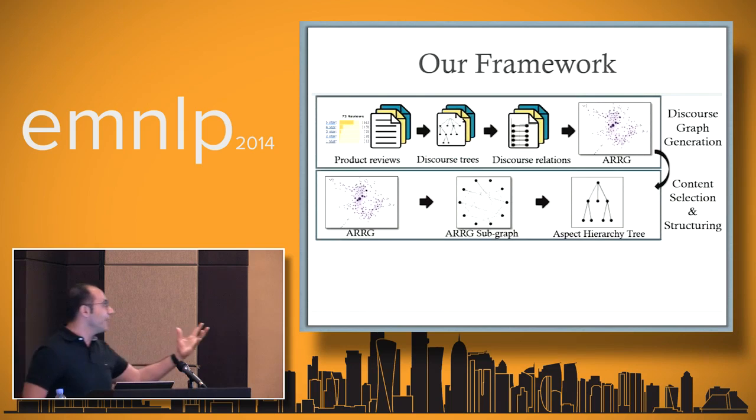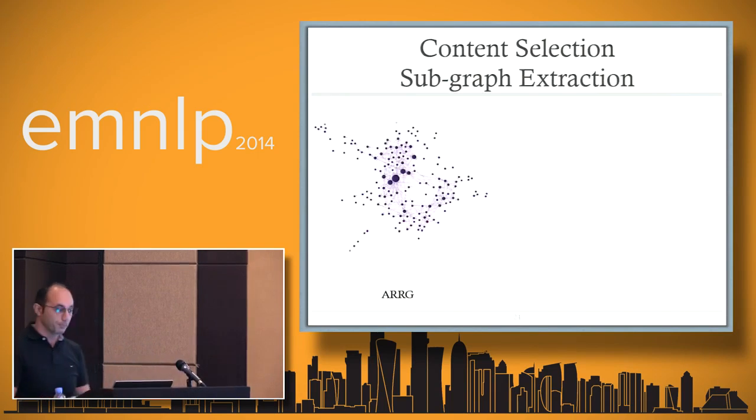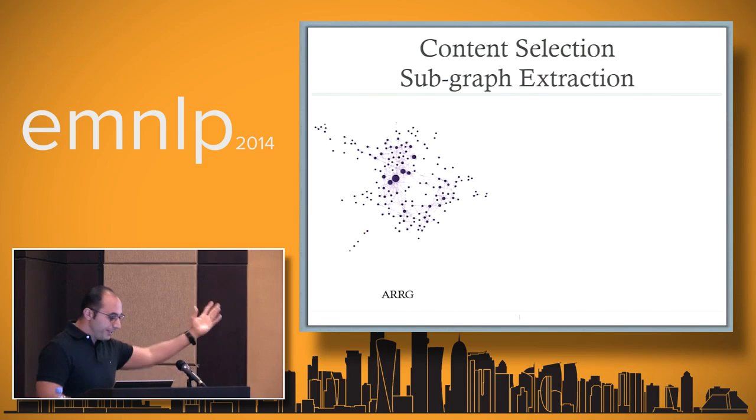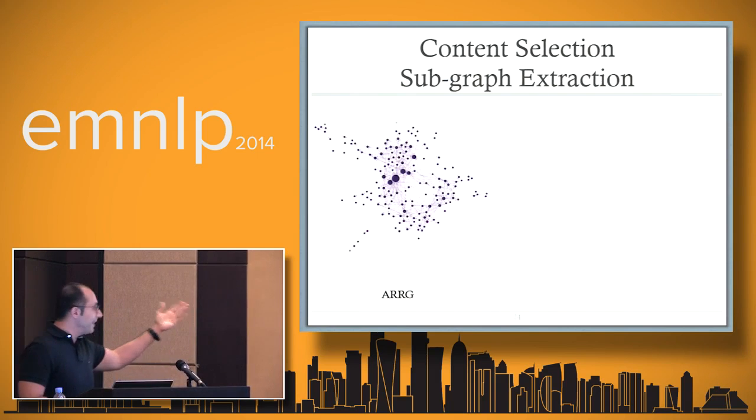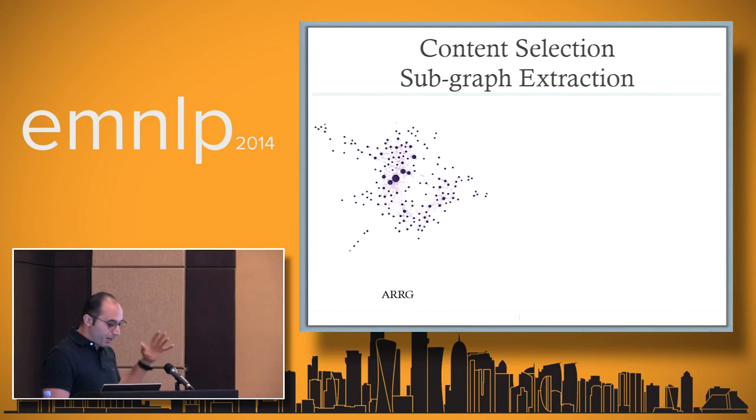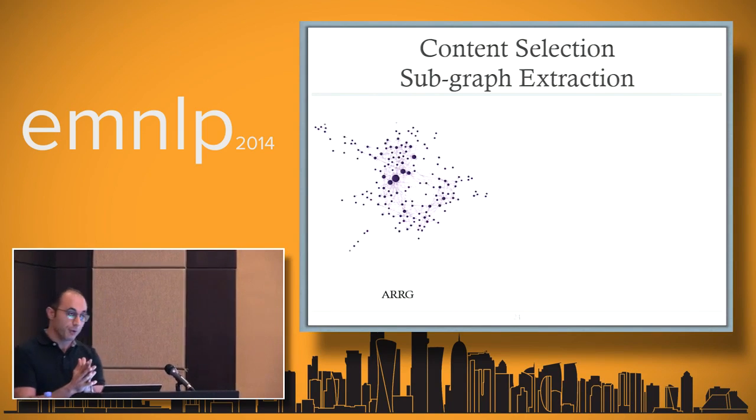So in the next stage, since we are aiming at summarization, we want to select a part of this graph and transform it to a structure. Looking at this graph, we see that aspects are weighted by how frequently and strongly they appeared in our reviews.